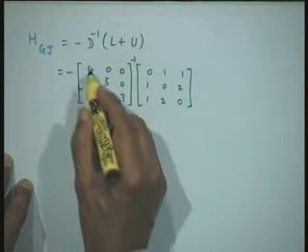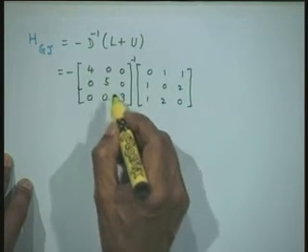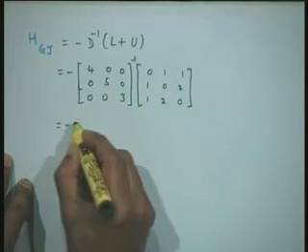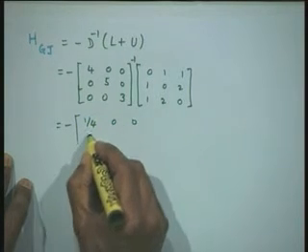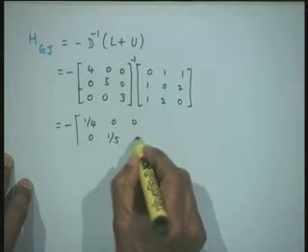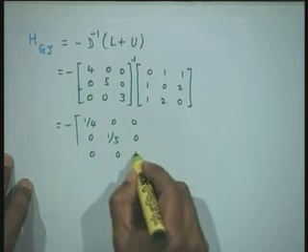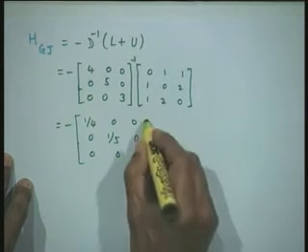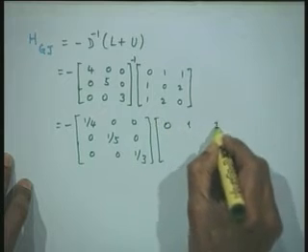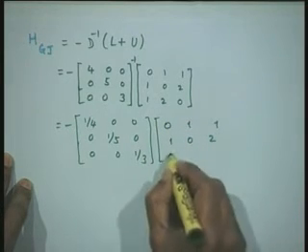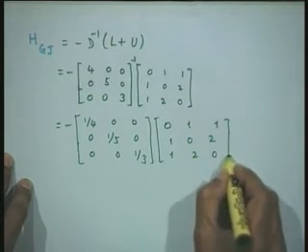Now, the inverse of D will simply give us 1 by 4, 1 by 5, 1 by 3 here. So, this gives me 1 by 4 0 0, 0 1 by 5 0, 0 0 1 by 3, and we multiply this by 0 1 1, 1 0 2, 1 2 0.